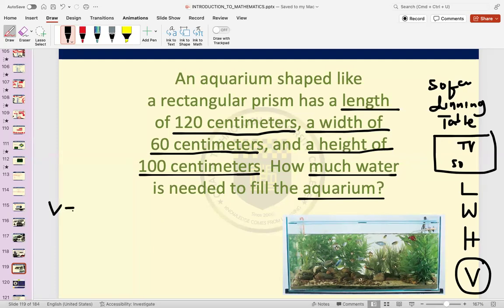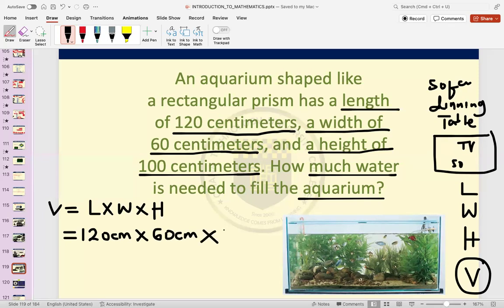So V is equal to length times width times height. So let's multiply them now. The length is 120 centimeters, multiplied by the width, which is 60 centimeters.